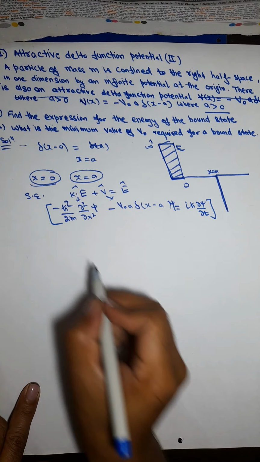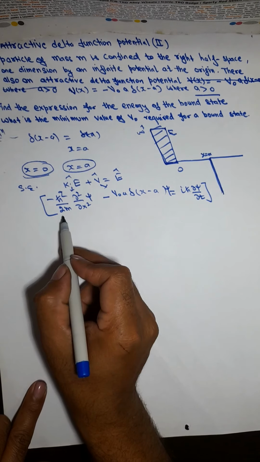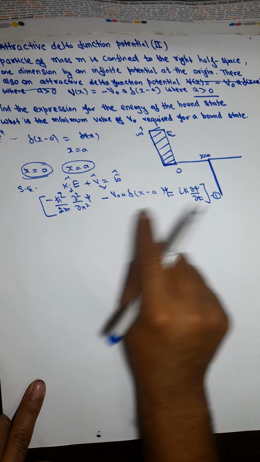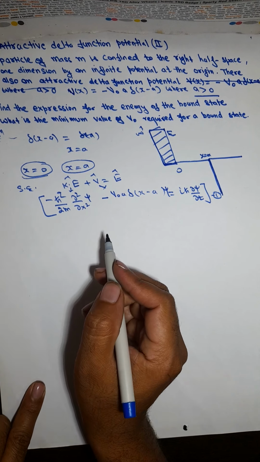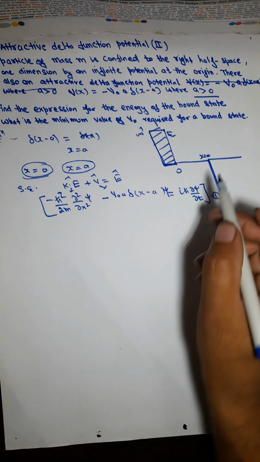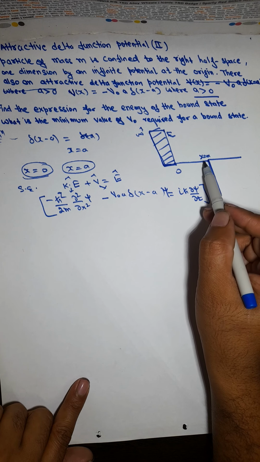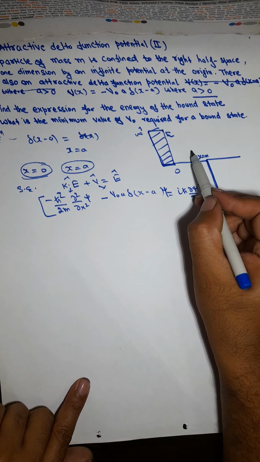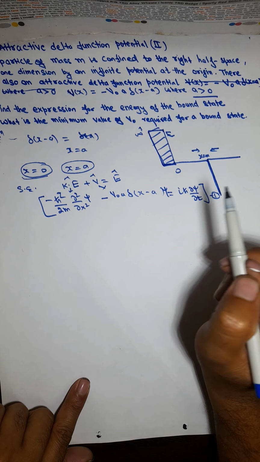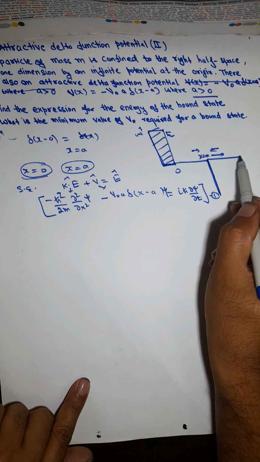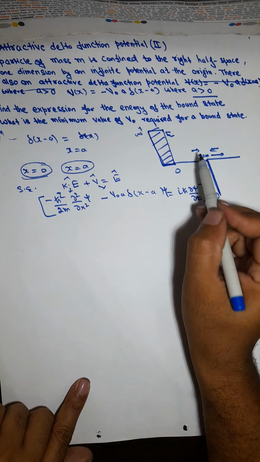So in the previous equation I already told you we need to integrate equation 1. Once we integrate equation 1 and take this to the other side, we get the equation, and we check the derivatives at x equal to a plus or a minus, once approaching from this side and once approaching from that side.